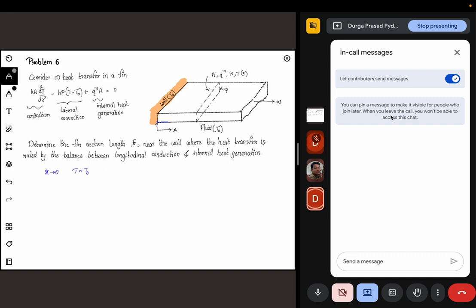If T is close to T naught, then T minus T naught is close to 0, so I can neglect this term. So what is the range from 0 to delta where I can assume that convection is neglected? Again, applying the same scaling analysis, Ka times T naught by delta square should be of the same order as Q triple prime times A, which means delta should be of the order of the square root of this particular quantity.